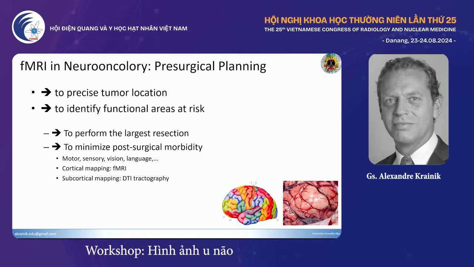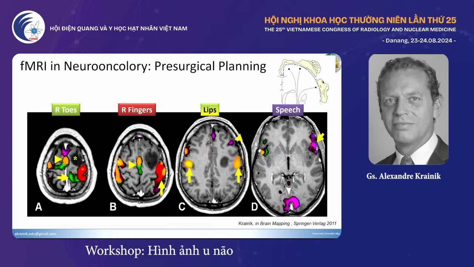The idea is really to perform the largest resection. Now it's over the time where we used to say patients were cured with a simple biopsy. Now they try to perform a real oncologic surgery with a large removal. And of course, we hope to minimize the post-surgical morbidity.